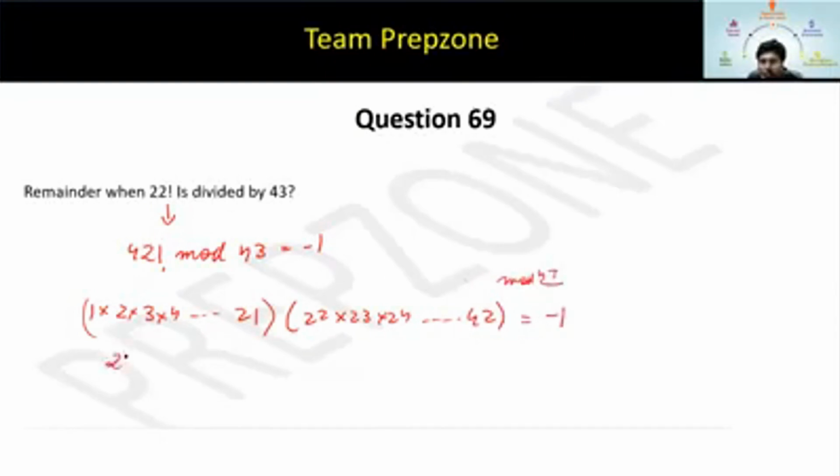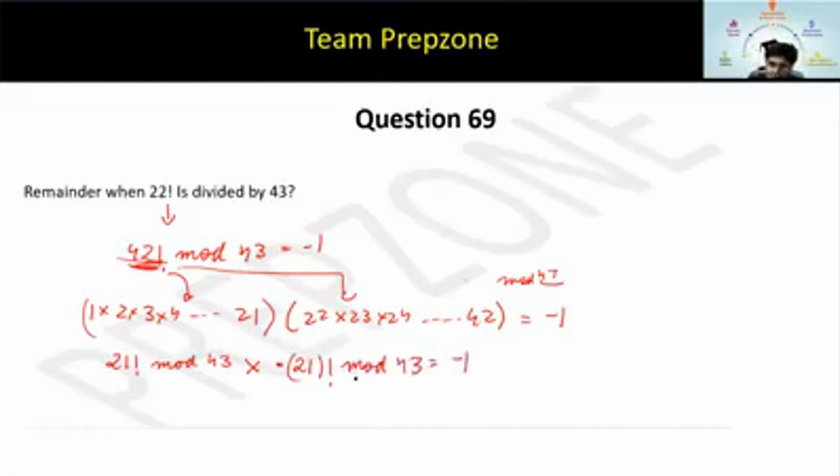I'm just breaking 42 factorial into two parts. One part is 21 factorial mod 43, into the other part, again -1, -2, -3. So again this will become 21 factorial, so minus 21 factorial mod 43 equals -1. Till here, is it clear, everyone?